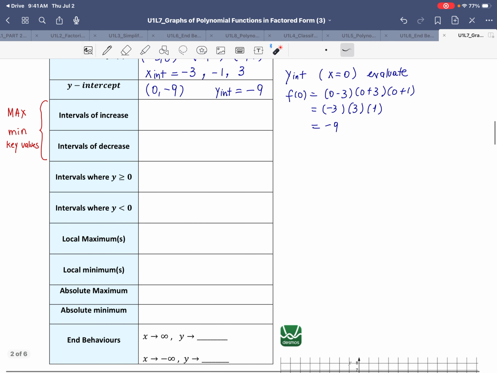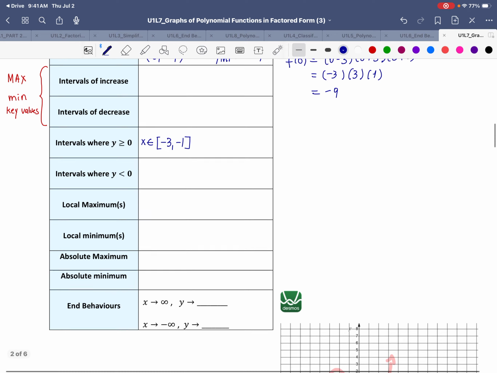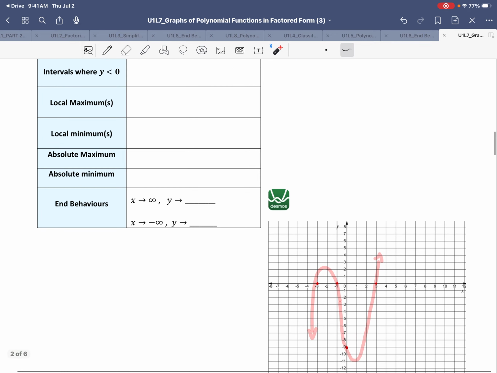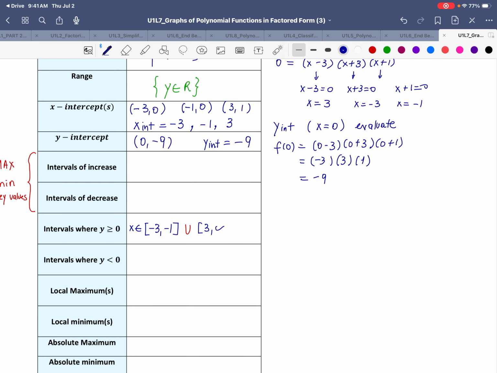And as you can see, we are also asked to find where y is 0, which means that -3 and -1 will be included in the intervals where y is positive or equal to 0. Now, the graph of the function is also positive for the x values that are greater than 3. So we need to join the interval from +3 all the way to infinity.